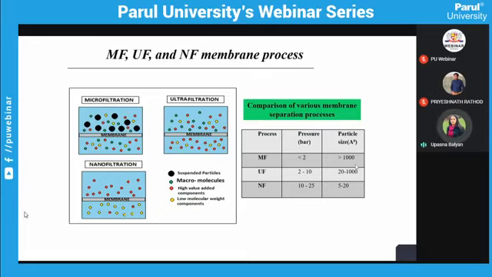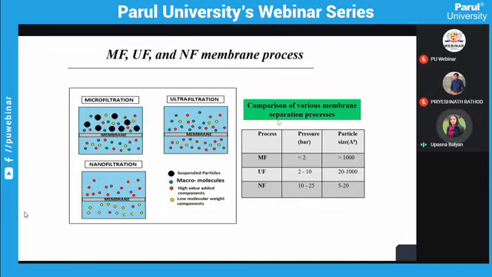It goes beyond 100 psi and goes up to 180 psi or 160 psi. This is a very high pressure the system can handle. You should have a very good pump which can operate at such high pressure. So these are the technologies we are using.